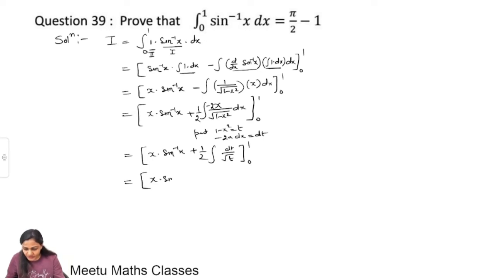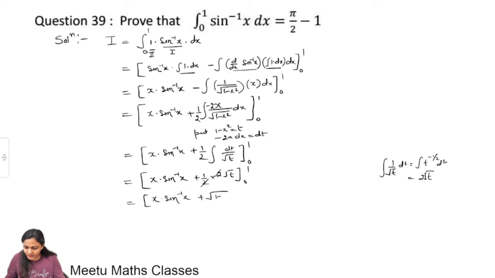So x into sine inverse of x. Now the integral of 1 upon root t is t raised to power minus half dt, and that is equal to 2 root t. So this can be written as 2 into root t between 0 to 1. So 2 will cancel out and we are left with x into sine inverse x plus square root of 1 minus x square between the limits 0 to 1.